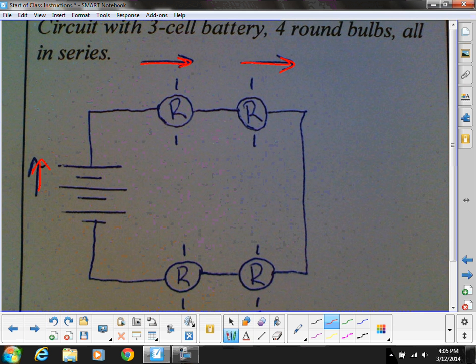We have conventional charge flow being shown here, going around the circuit, leaving from the positive terminal, arriving back at the negative terminal of the battery. And we'll talk about why a single arrow tail here in a moment. As far as the bulb rays are concerned, we also have a single bulb ray on each side of the bulb, indicating that these bulbs are not very bright. Now, why a single arrow tail and a single bulb ray on each one?